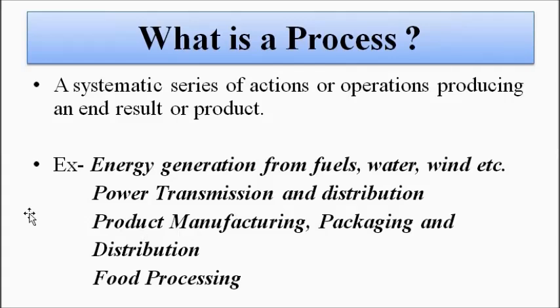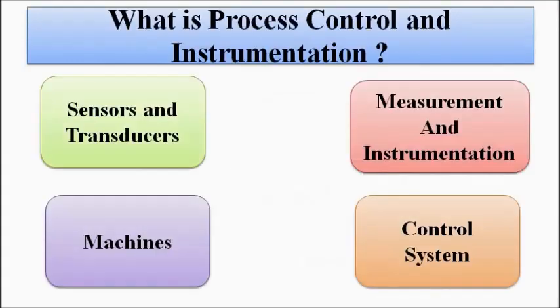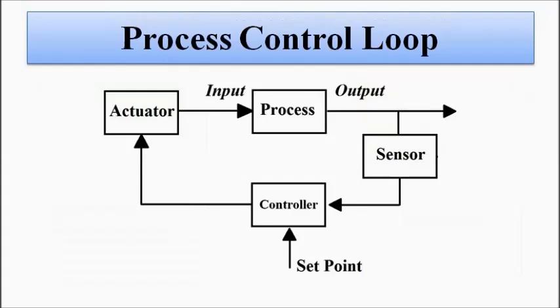Then comes the process control loop. Here all these building blocks of process control and instrumentation get involved. Let us see how. This is the process block. Here we give an input and we get the output.